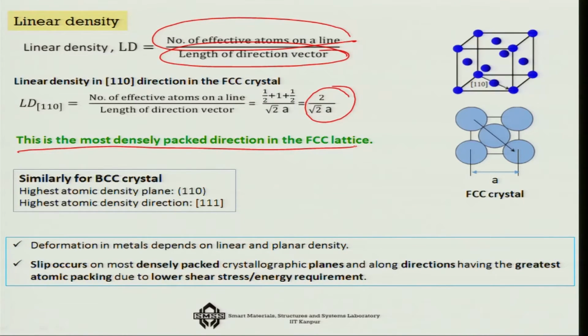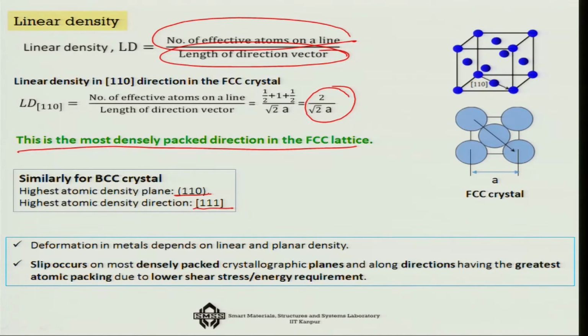For the BCC also it is similar: the highest atomic density direction is 111 and the highest atomic density plane is actually 110.